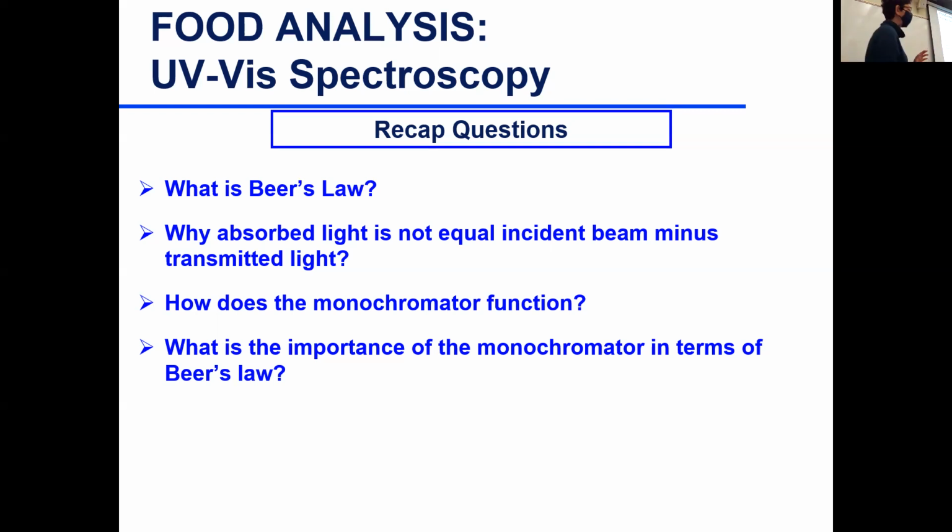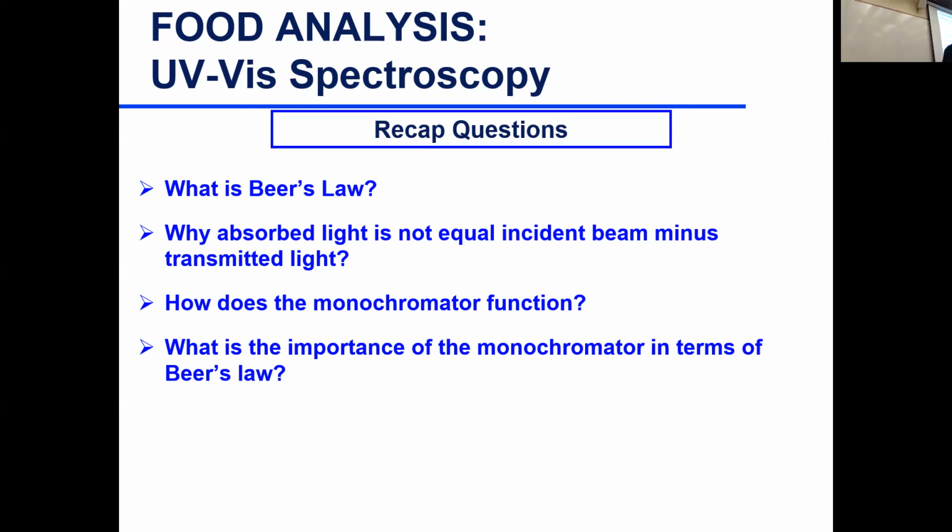Okay, just a quick recap, like always, to get us going. What is Beer's law? Elizabeth? Absolutely. It's the linear relationship between absorption and concentration, taking into account the absorptivity of each unique molecule, as well as the light path.